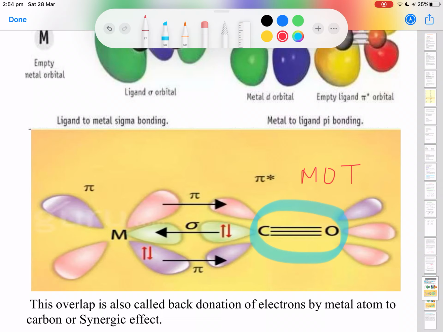So the lone pair of electrons which is present in the orbital of the carbon atom in this molecule, when donated to the vacant d orbital of the metal atom, results in the formation of a sigma bond. I repeat again, the lone pair of electrons available in the orbital of the carbon atom in carbon monoxide as a ligand is donated to the empty or vacant d orbital of the metal atom.